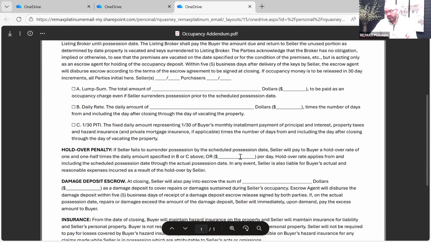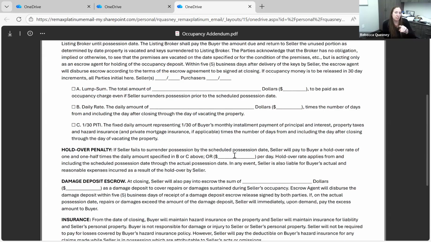I think $400 a day, three or 400. Because if you just consider what the actual costs are that a buyer is going to incur if they have to go get a hotel room while they wait for these sellers to move out. Well, the second sentence after that still makes them liable for the above, so it could be above that amount.